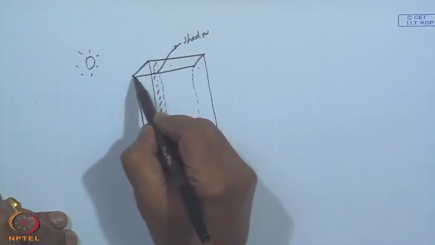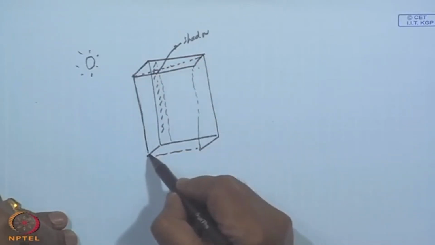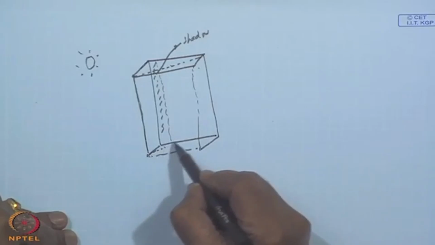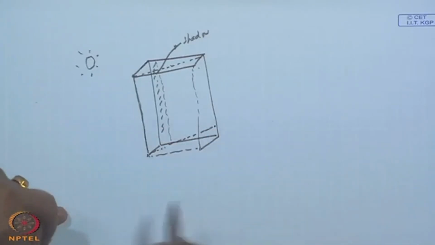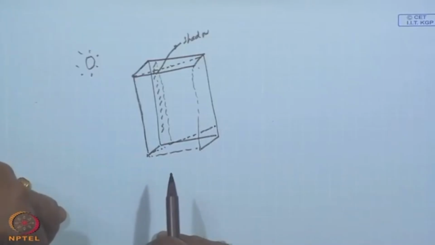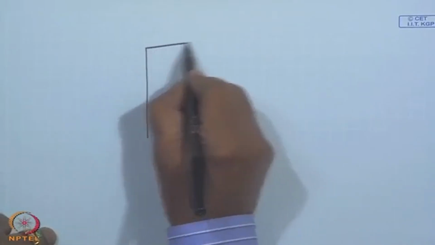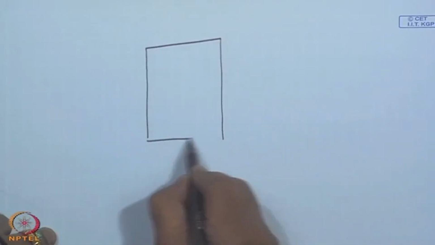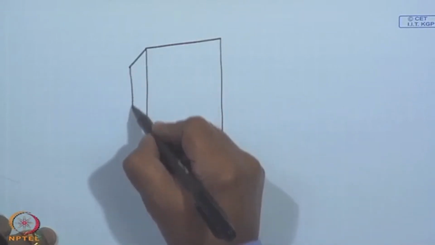And now a similar concept can be extended. You join one edge of the wing wall to the base of the window on the other side, and let me show only one of them so that it will be clear. So, this is your window, and this is your wing wall.